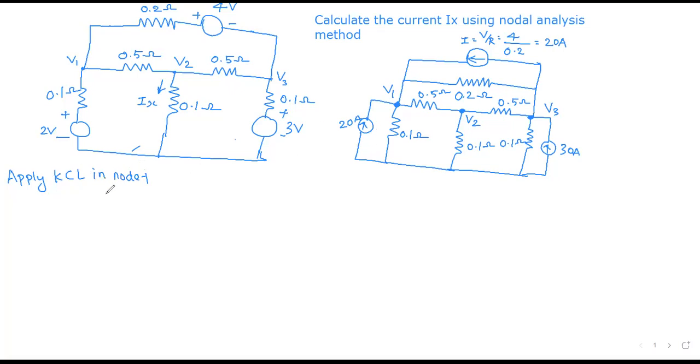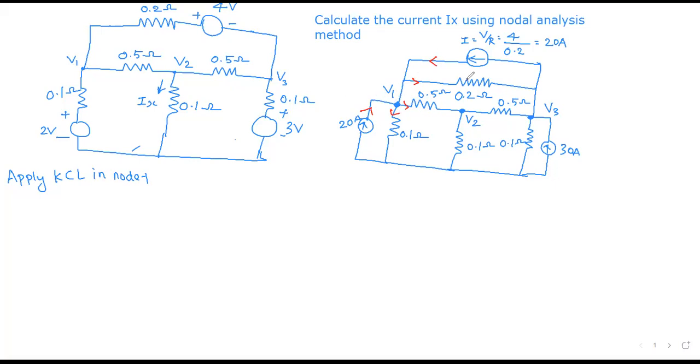What is Kirchhoff's current law? The sum of the currents entering the node is equal to the sum of the currents leaving the node. So look at this node 1. Let me change the color of the pointer so that it will be easy. For this node, the current entering the node is this current, and this current is also entering. All the remaining currents are assumed to be leaving the node, because the sources supply current and the other passive components consume current.